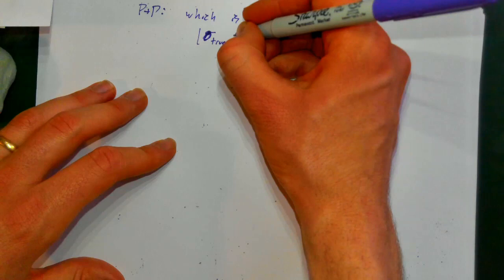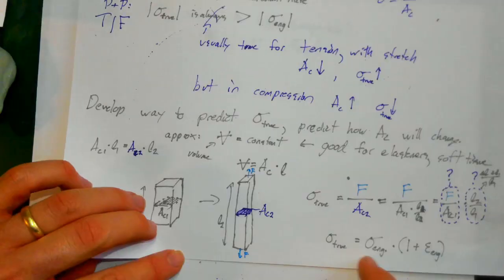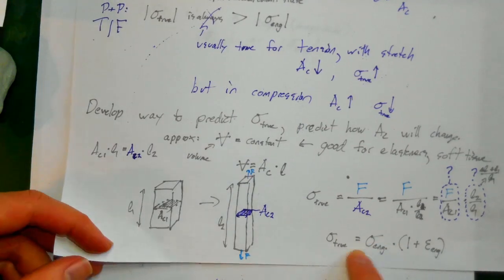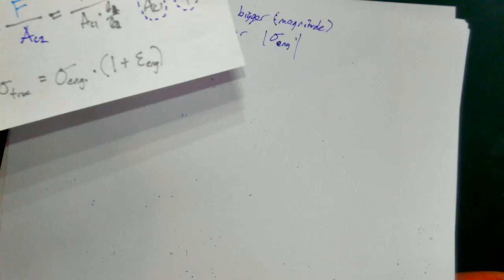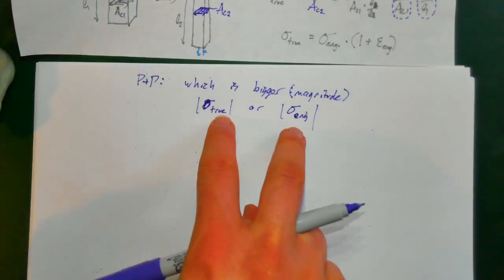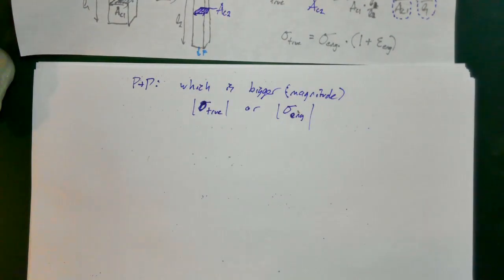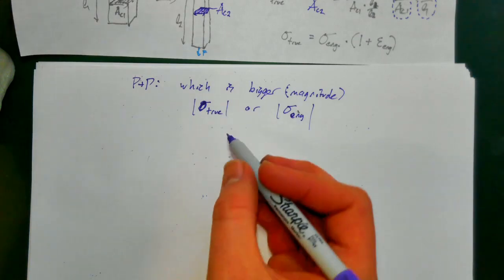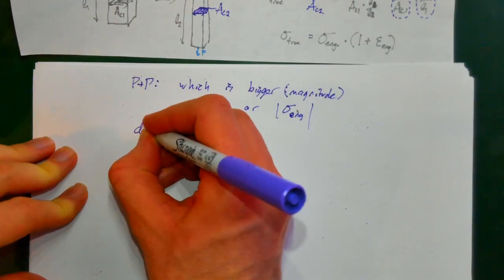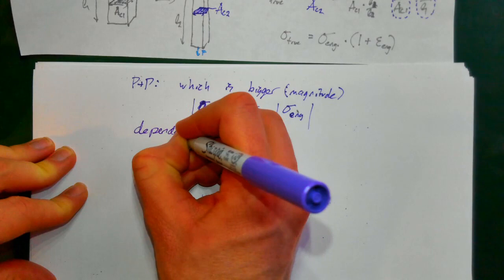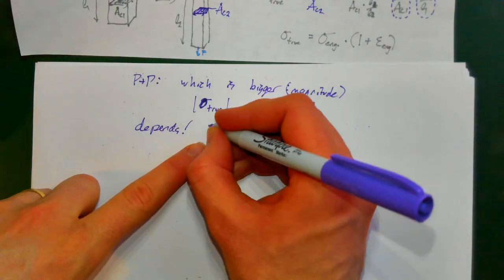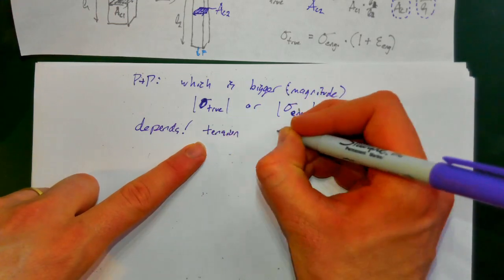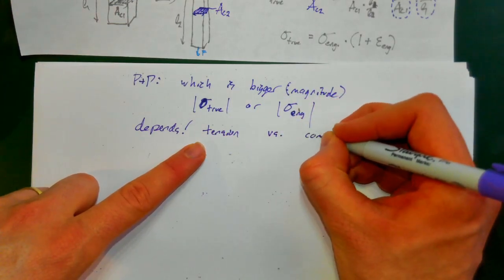I'm just talking about magnitudes right here. If we're taking something and stretching it out, which of these is bigger? Well, actually, it depends. And what does it depend on? It depends on whether you're in tension versus compression.